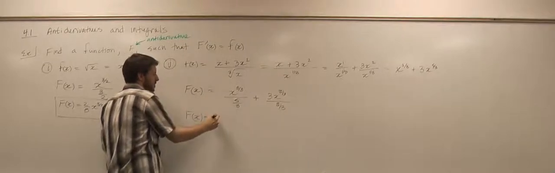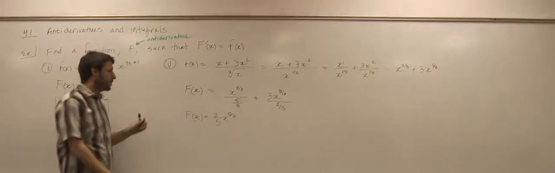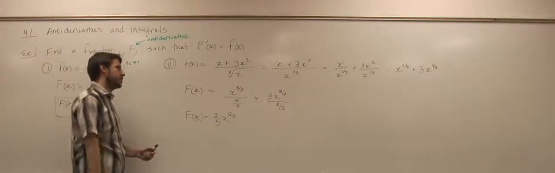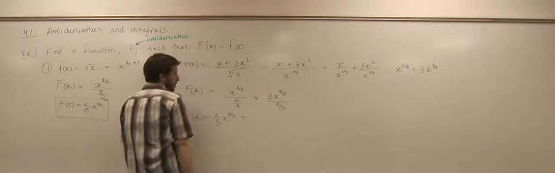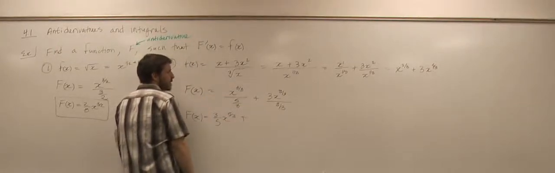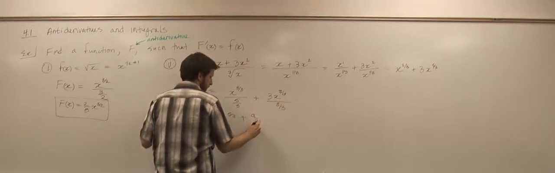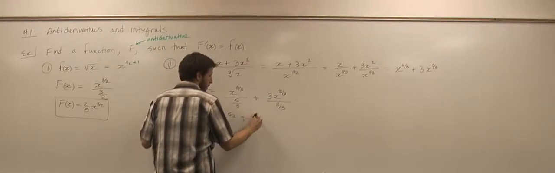I'd probably flip them up. It's a lot prettier that way. So 3/5 x to the 5/3 plus, when you flip up the 8/3 to 3/8, it'll become 9/8 x to the 8/3.